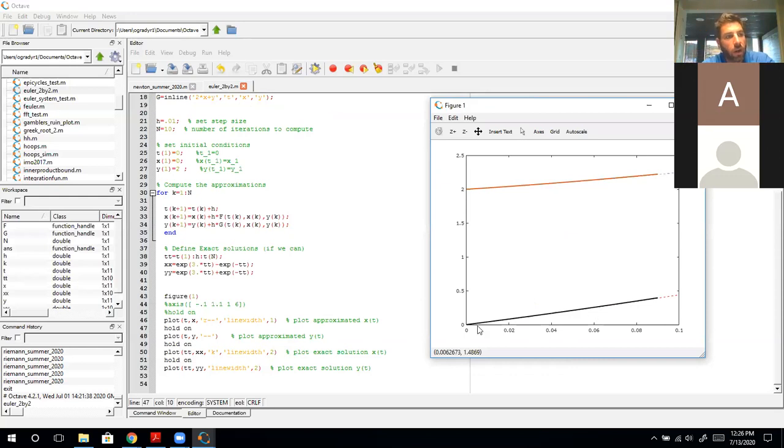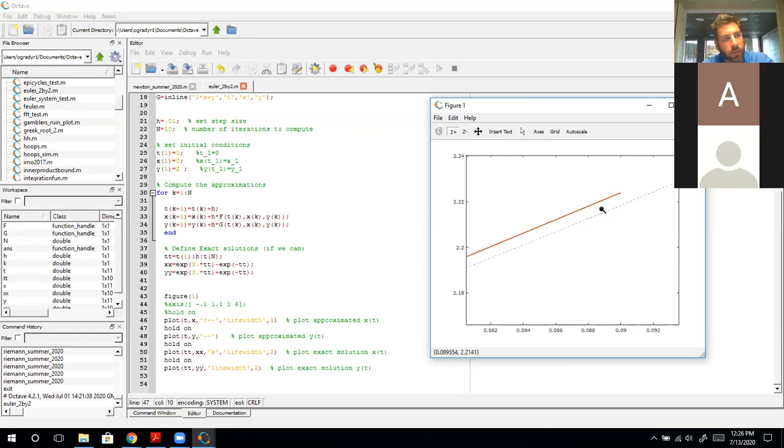Since we're not going very far, we're only doing 10 steps, we don't see any error at all. It really doesn't look like error. Now, maybe if I zoom in, now I see that there's definitely some error. The actual curve is orange. That's the exact solution. And the approximated solution is dotted.